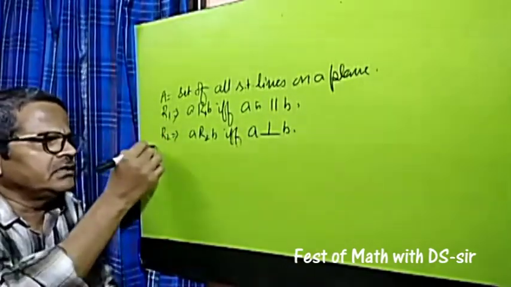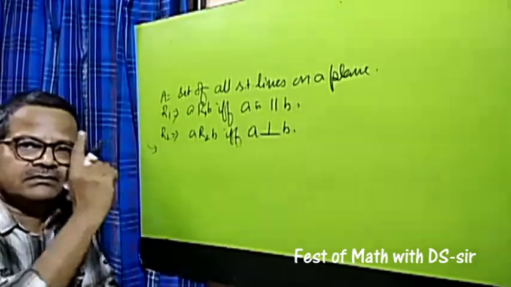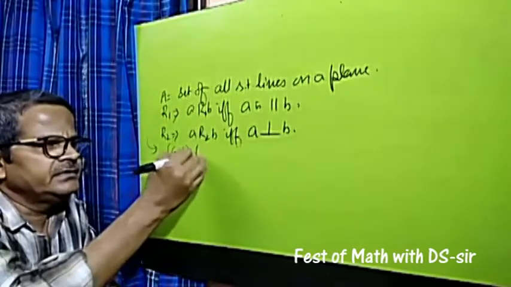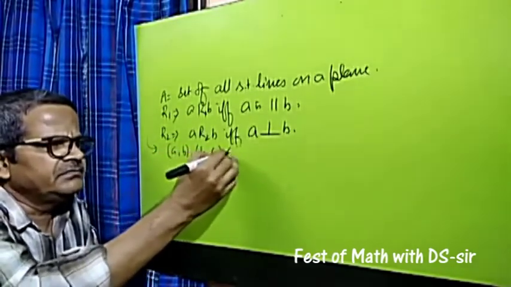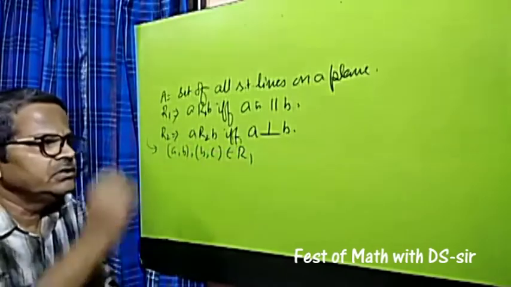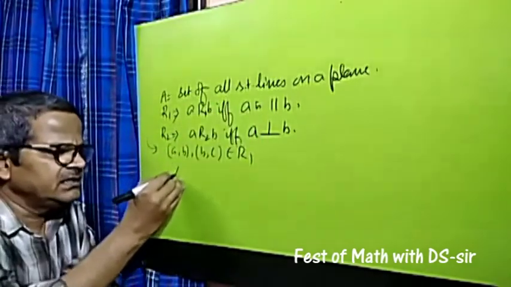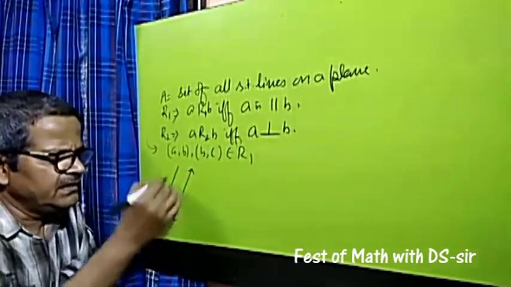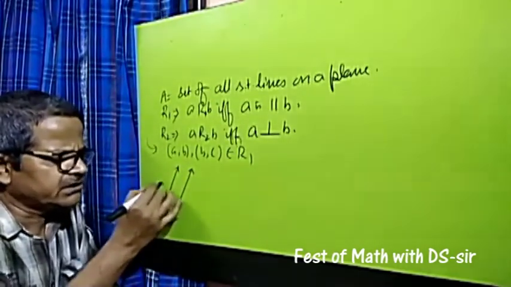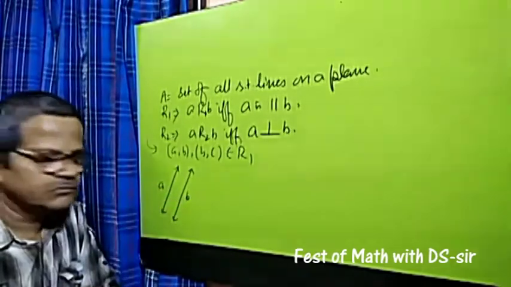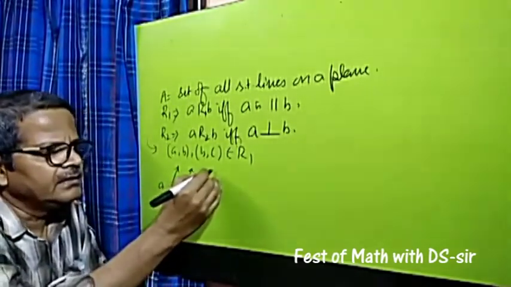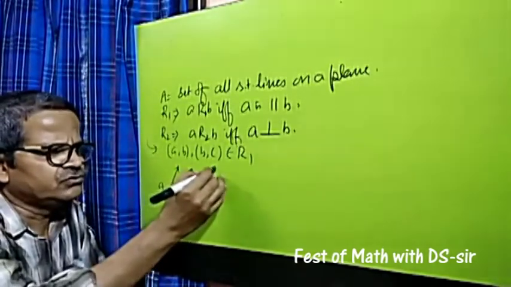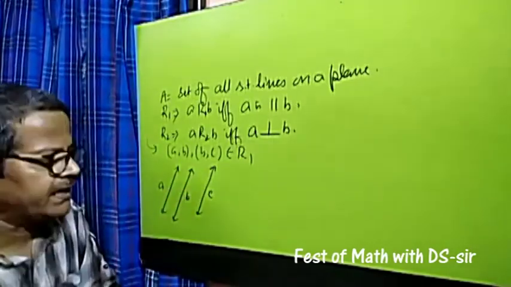Now I am checking transitivity of R1. Let (A, B), (B, C) belong to R1. So as per definition, A and B represent two straight lines which are parallel, and B and C represent two straight lines which are parallel.